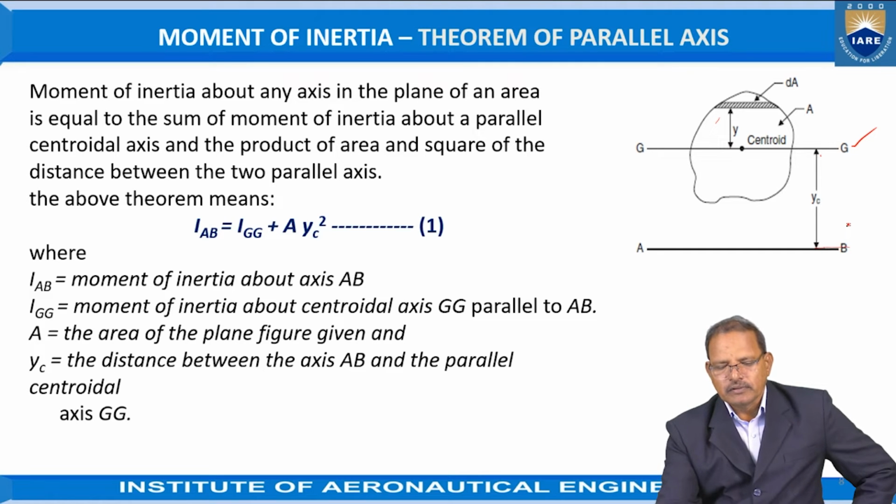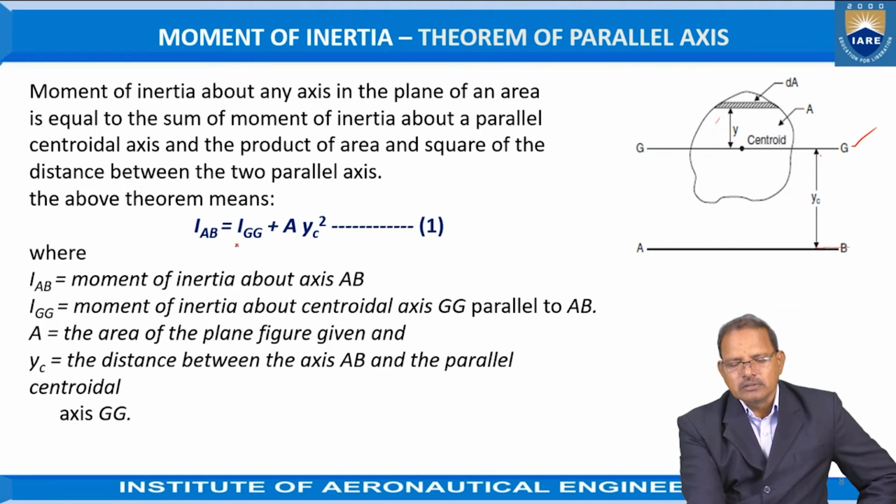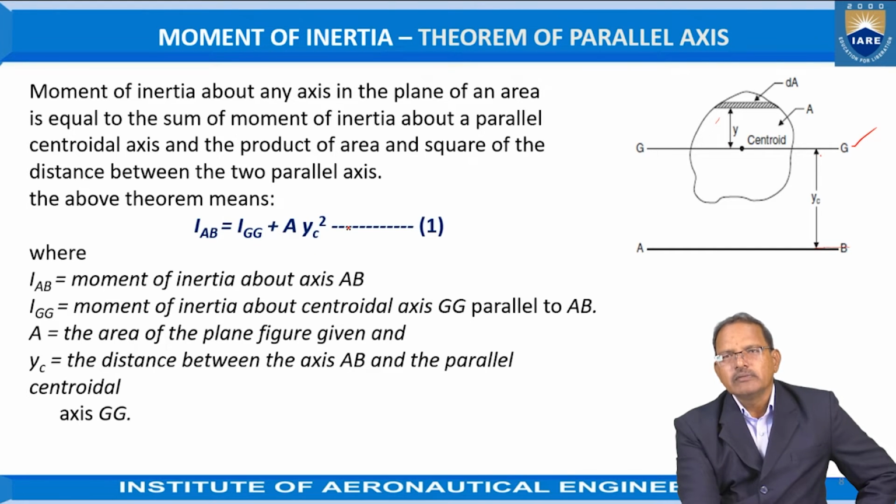Hence, IAB is equal to IGG plus area multiplied by the square of the distance between the two parallel axes.